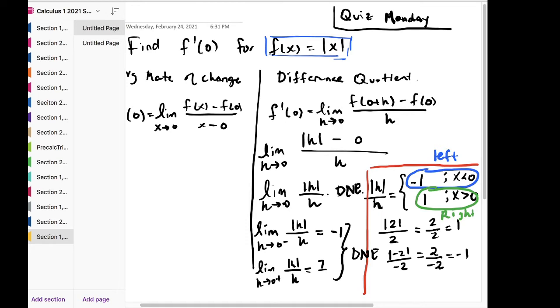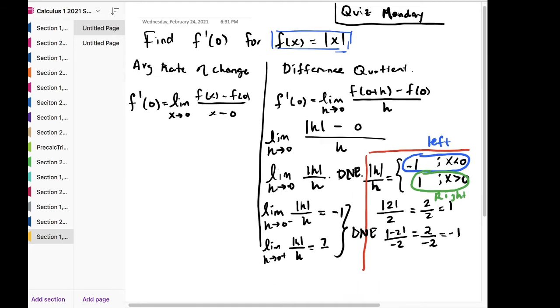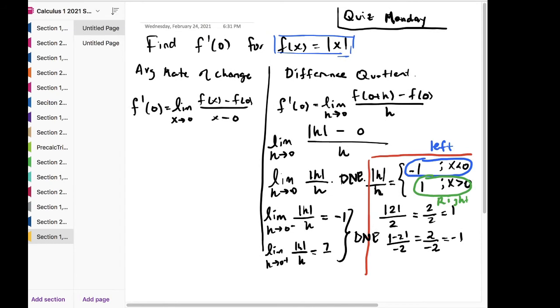Okay, so now let's do the average rate of change definition. Okay, so what is f of x? It's absolute value of x. What's f of 0? It's 0.